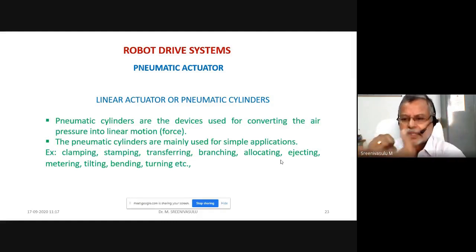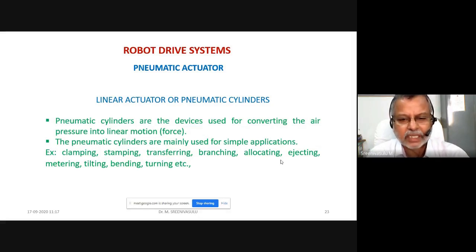If an object has been kept here, in that instance, if I move, though I am providing linear motion with certain velocity, when an obstruction has been put in between, that linear motion is going to apply force. That is how this particular statement is. It has been used to convert air pressure to get linear motion. In turn, we are trying to get the force.